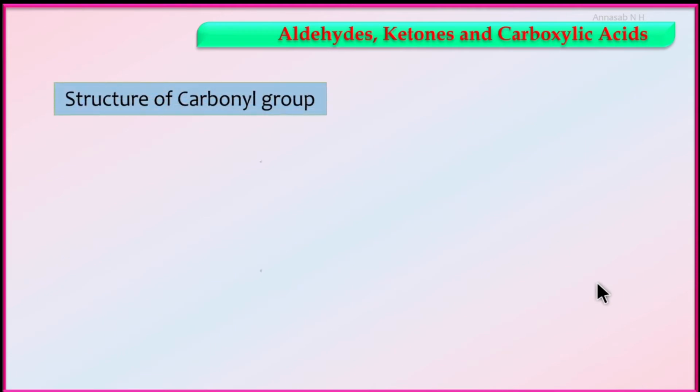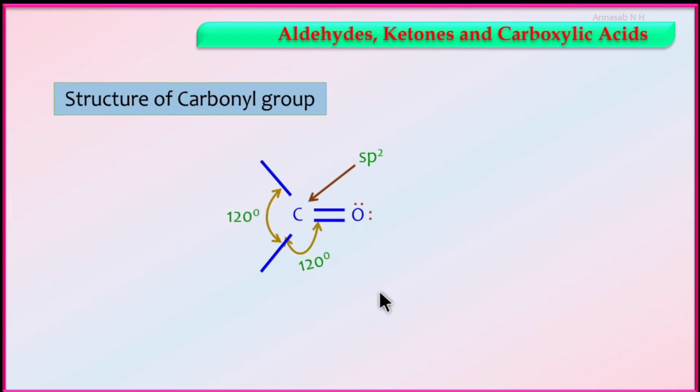Moving to the structure of carbonyl group, we have the C double bond O group where the oxygen atom of the carbonyl group has 2 lone pairs of electrons and both carbon and oxygen atoms are sp2 hybridized. The bond angle between 2 free valencies of carbon, and between a free valency and the double bonded oxygen, is 120 degrees.